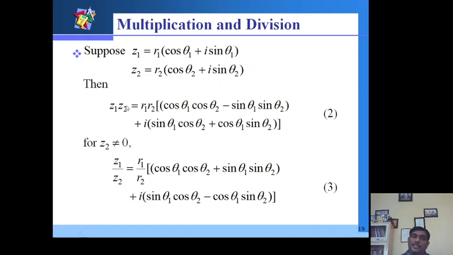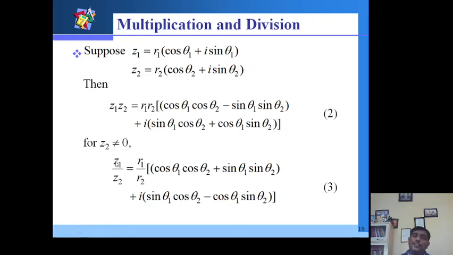If you multiply these, you get the product in this form: r1 r2 times a combination of cos and sin functions, which is also a complex number.